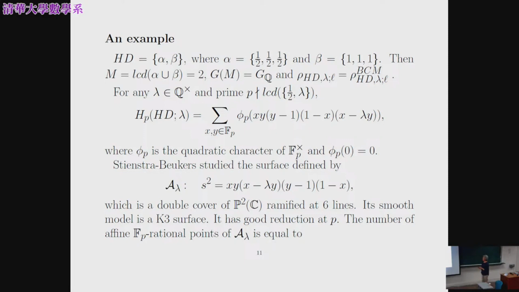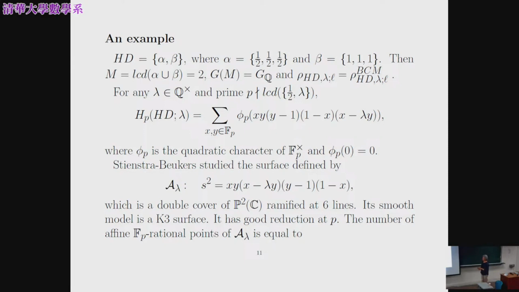Okay. And in this case, the hypergeometric character sum can be explicitly written down this way using the quadratic character modulo P. As you can see, we have an explicit formula here, and with the quadratic character, this strongly suggests that we should consider the variety defined by s squared equal to this polynomial inside, xy times (x minus lambda y) times (y minus 1) times (1 minus x).